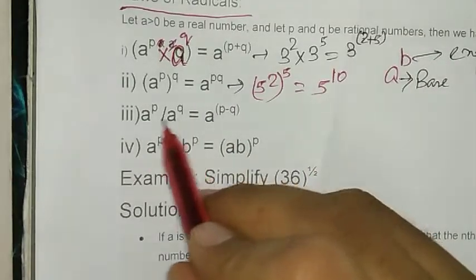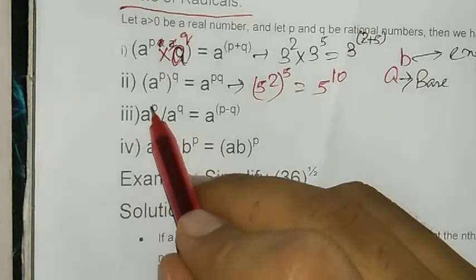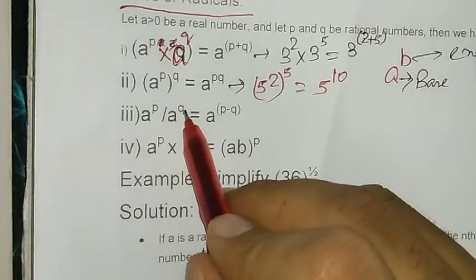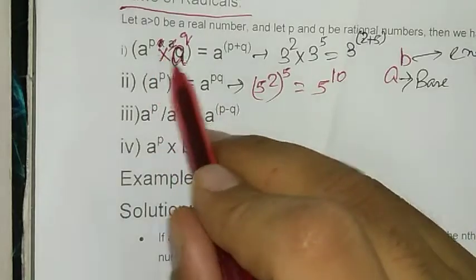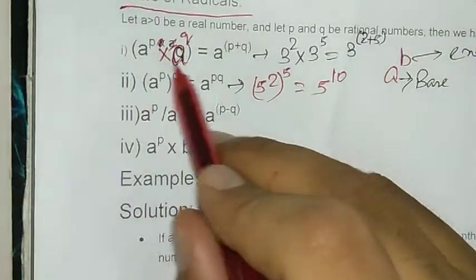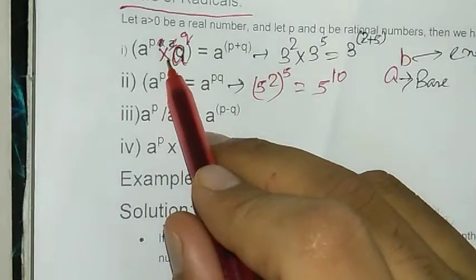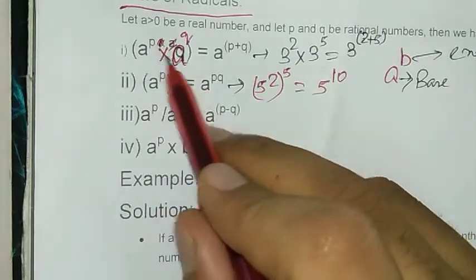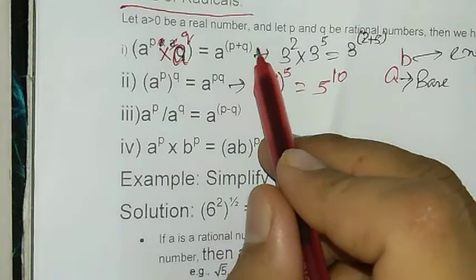Suppose there are two numbers which are the same and they are divided, having different powers, then their powers will be subtracted. Two same numbers having different powers are multiplied, meaning the bases are the same, so nothing will happen, just the powers will be added.